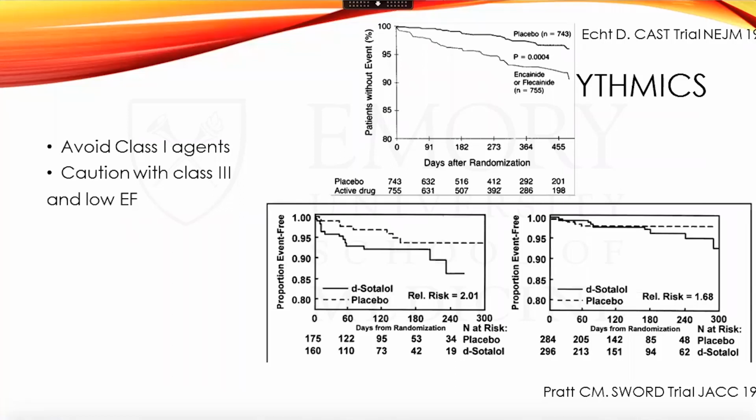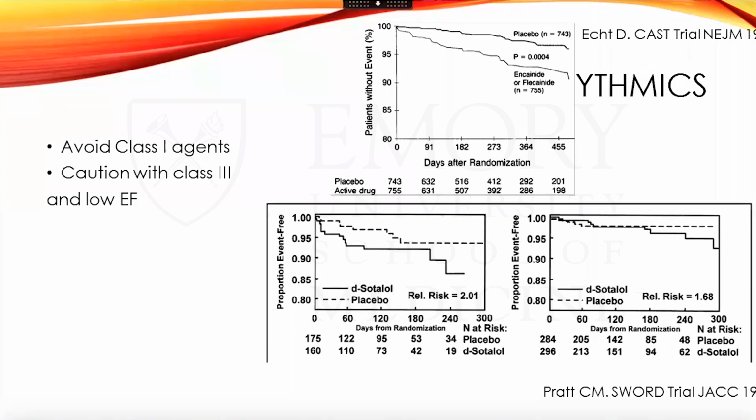So with the antiarrhythmic drugs, basically, there are two big studies that guide what we shouldn't use. We avoid class 1 agents, and we're cautious with class 3 agents. The CAST study was basically a study looking at class 1C antiarrhythmics, encainide, flecainide, moricizine, and imipramine, between CAST 1 and CAST 2.